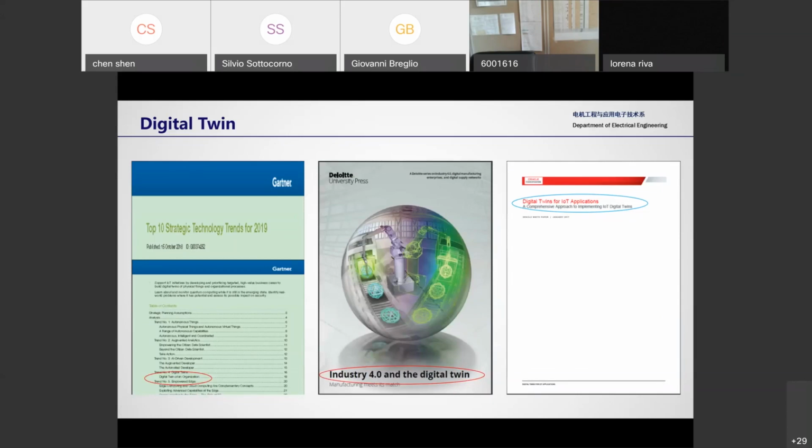Deloitte thinks that Industry 4.0 will not be realized if there is no digital twin. Oracle thinks that digital twins will play an important role in IoT applications.